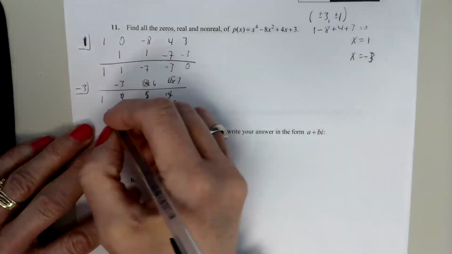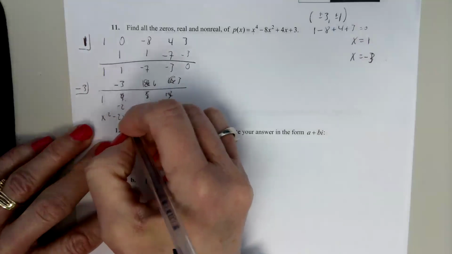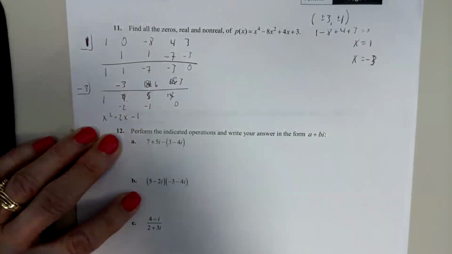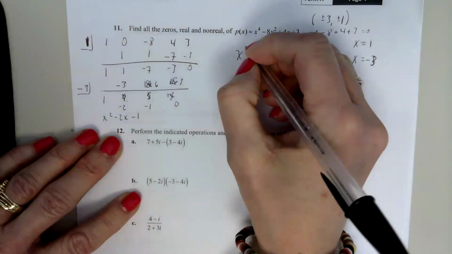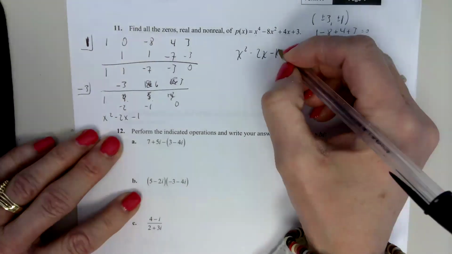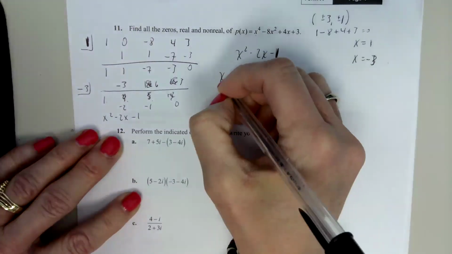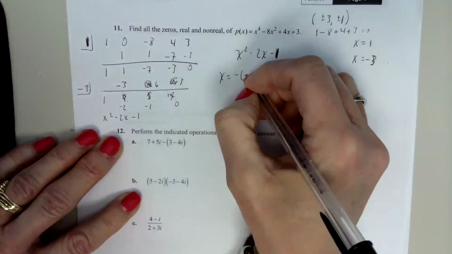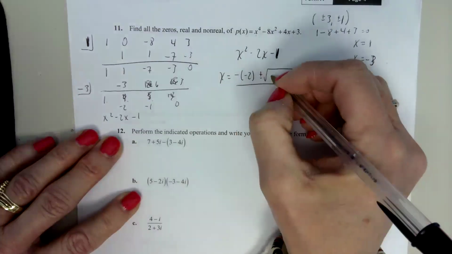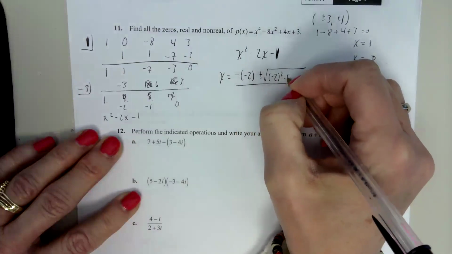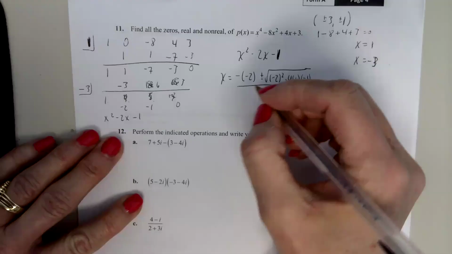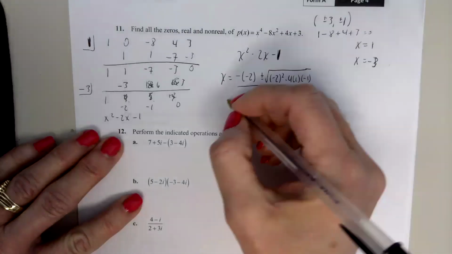And then I'm left with x squared minus 2x minus 1. And that I'm going to have to use quadratic formula to solve here. So x equals the opposite of b plus or minus the square root of b squared minus 4ac over 2a.